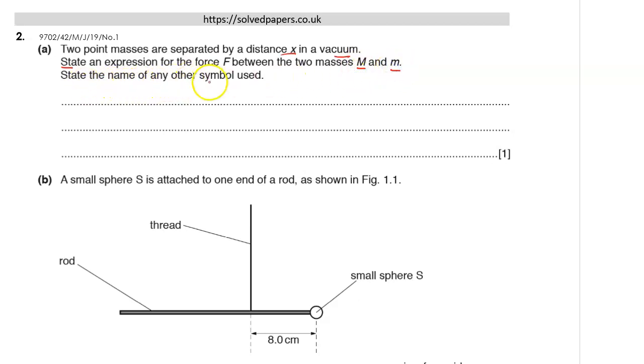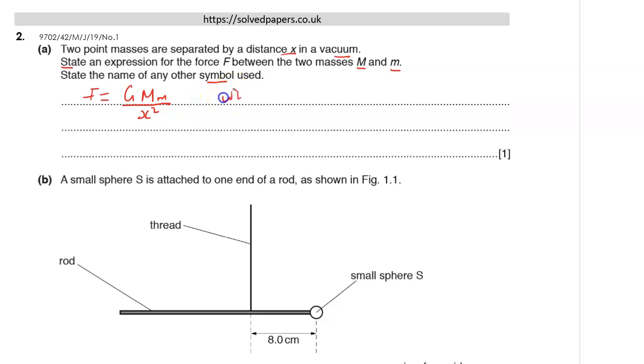State the name of any other symbol used. Of course, force here is usually a gravitational force between 2 point masses. It is the universal gravitational constant times the masses of the 2 point masses divided by the square of the distance that is separating. And therefore, F is the gravitational force, these are masses, and this is the separation distance.